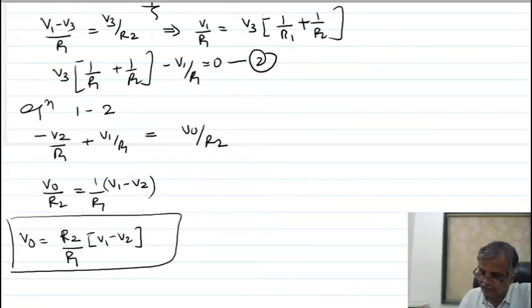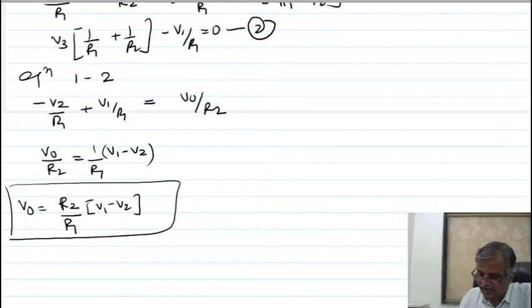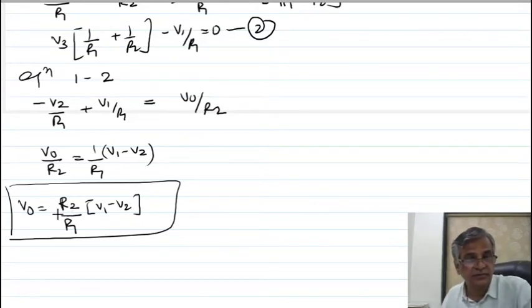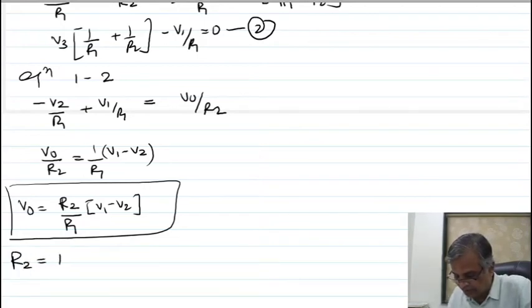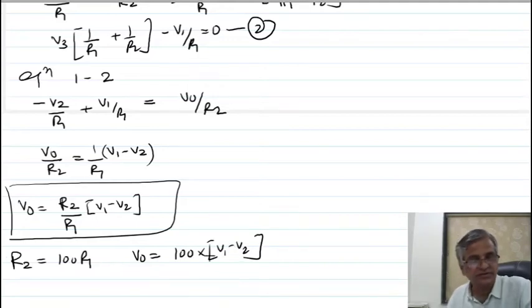So R2 by R1 is called the gain of the differential amplifier. Your V1 minus V2 is very small, and this is multiplied by R2 by R1, so the output will be very large. If I take R2 equal to 100 R1, then the output is 100 times the difference of the two input signals.